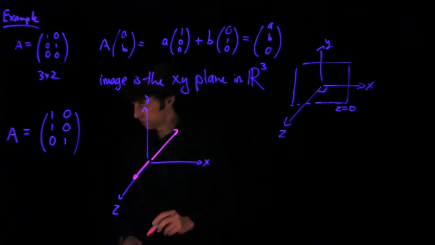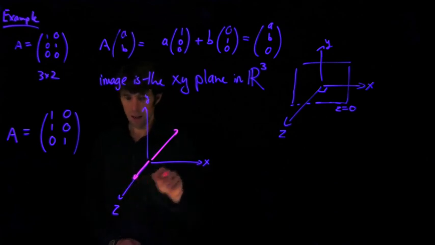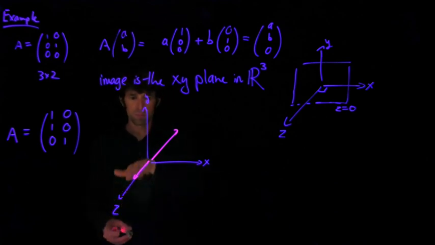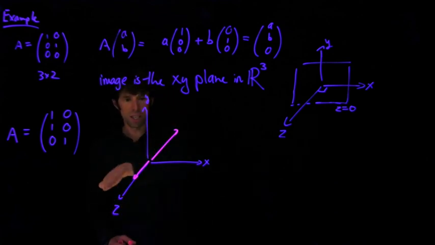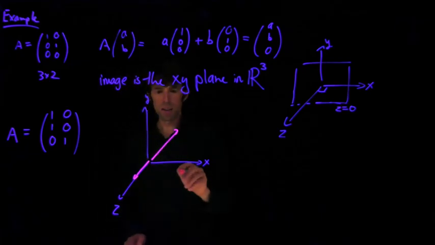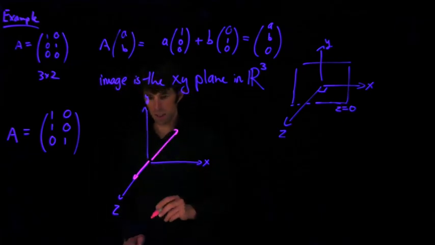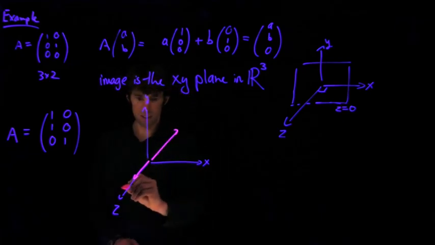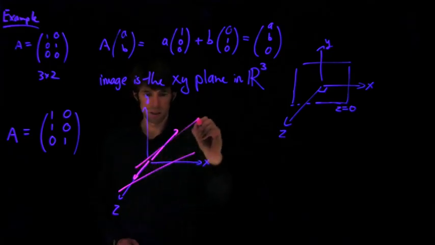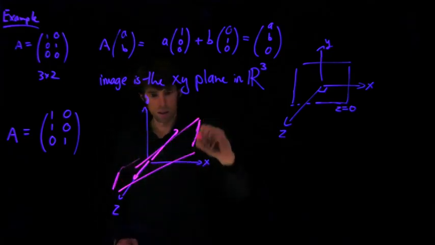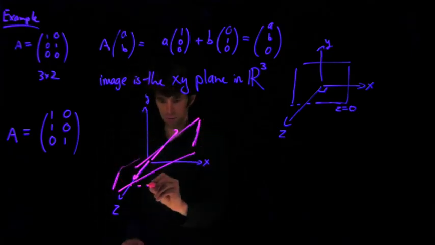And so what I'm going to get is a plane which is making a 45-degree angle with the xz plane. So let's see if I can sketch this here. Something like that.